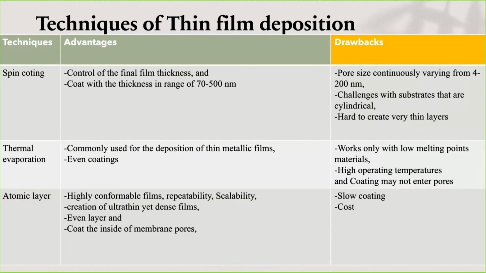For the time being, I'm not going to go through all of them, but the main thing to note here is that ALD has the most advantages and fewest drawbacks. So that's our thin film deposition to go with.